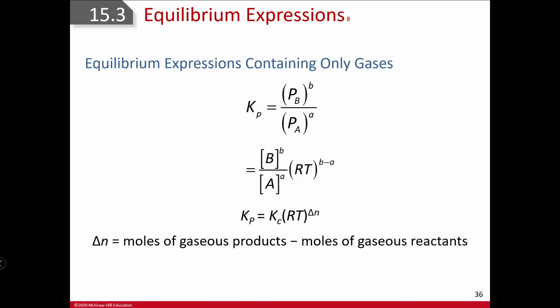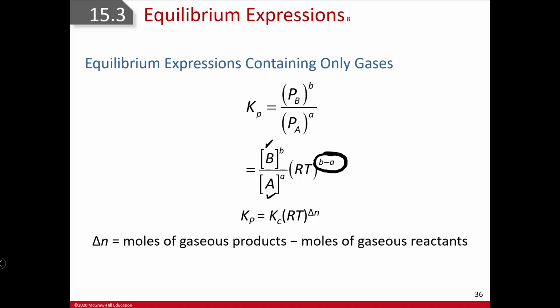So when we look at the next slide and we plug in the pressures, we plug in what we just solved for, the pressure with respect to B and the pressure with respect to A. And because we're doing B over A, notice it's RT to the B minus A. All right, let's think about this.